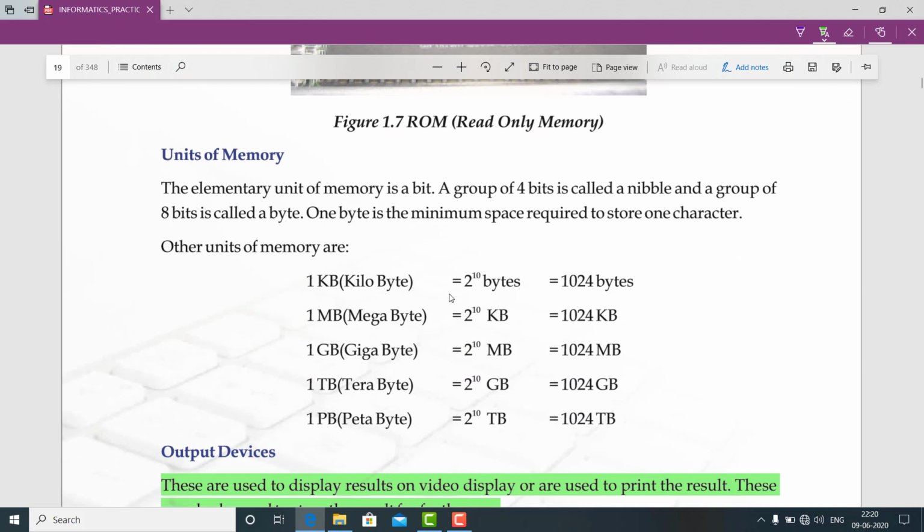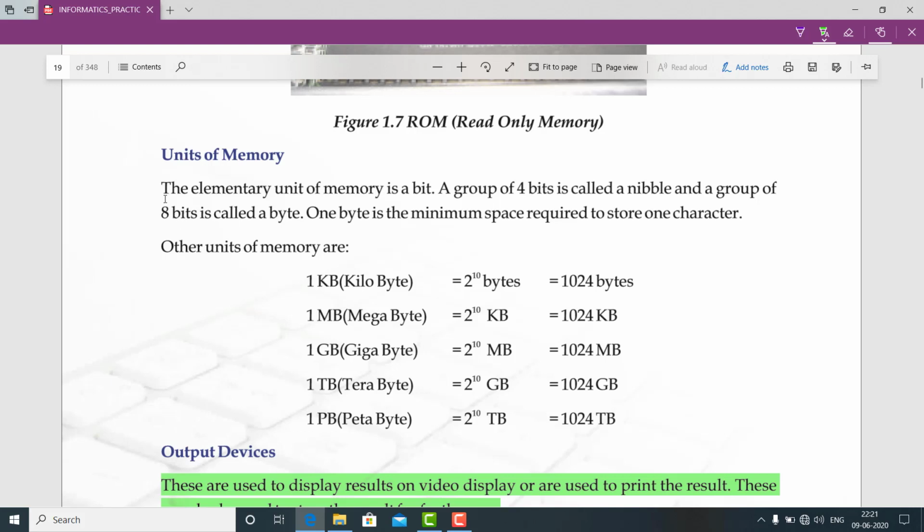Now next we learn the units of memory. Units means how you can measure memory in the computer. So today we are going to learn how we can calculate, how we can measure the memory.